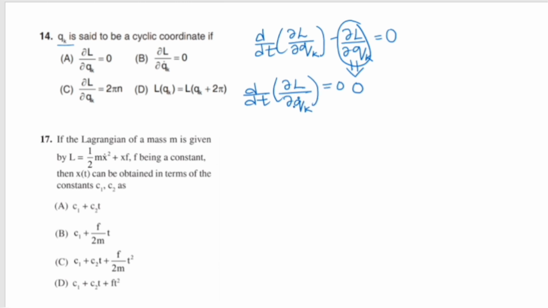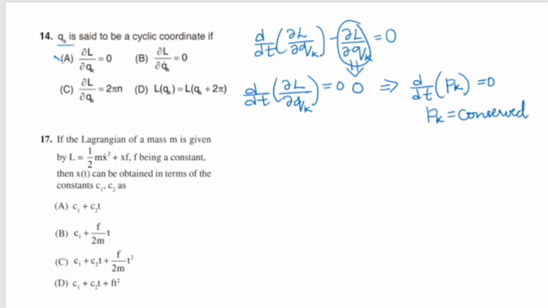This dou L divided by dou QK dot, it is nothing but momentum, right? So from this equation I can say the momentum is conserved. Understood, right? So which of the option is correct?